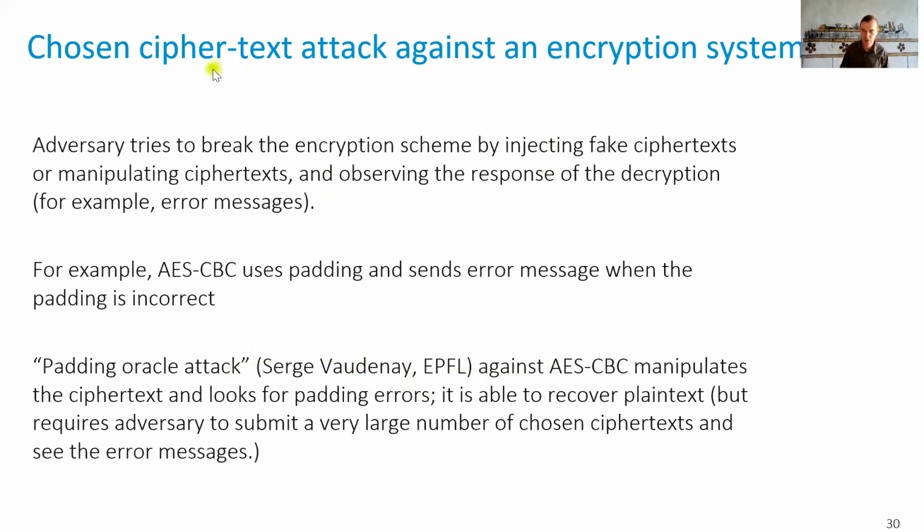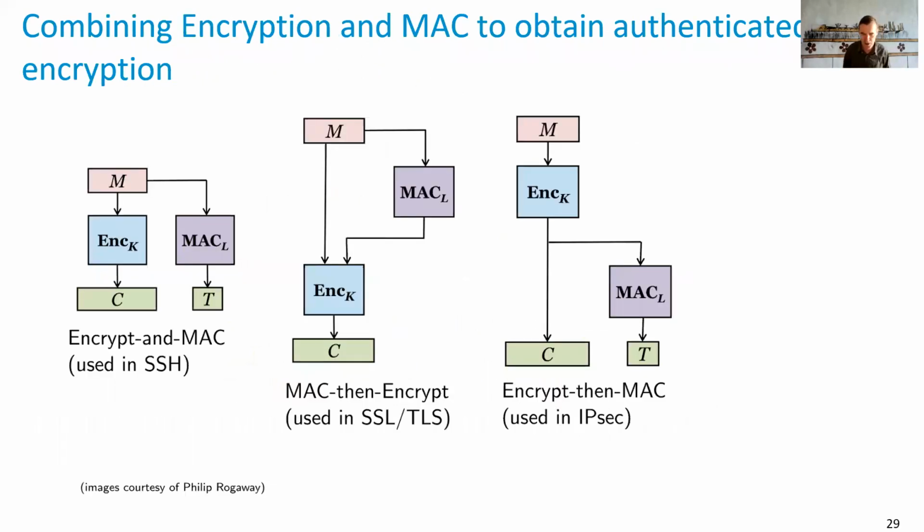So if we can freely choose the ciphertext and submit it to the decryption mechanism, then you will gain some information, which in some specific cases and with a lot of computing resources could help the attacker break the encryption here. Now, in order to make this impossible, out of these three combinations, there is only this one that prevents this, because in this third combination, we verify the encrypted message.